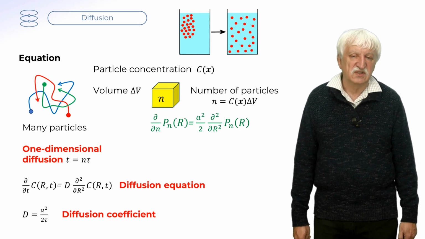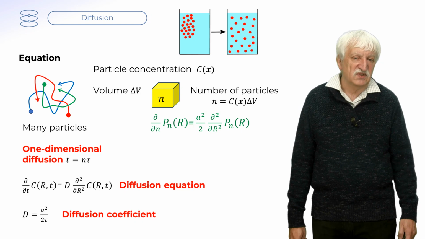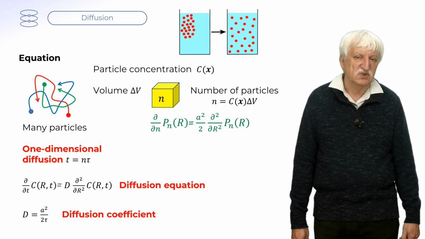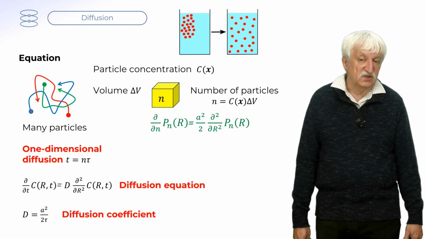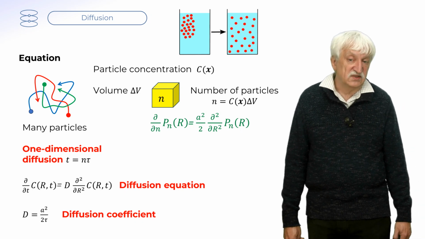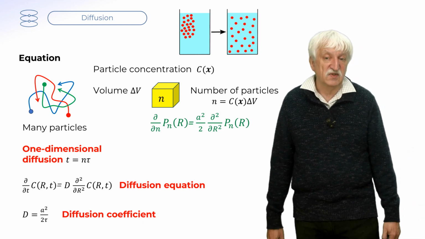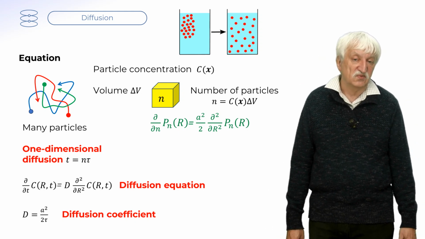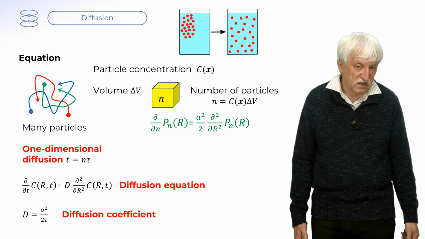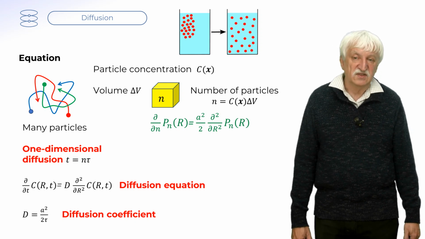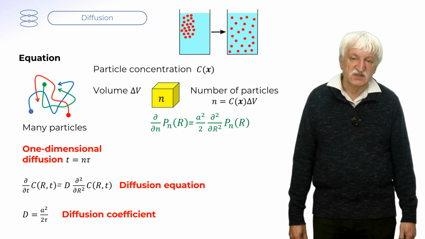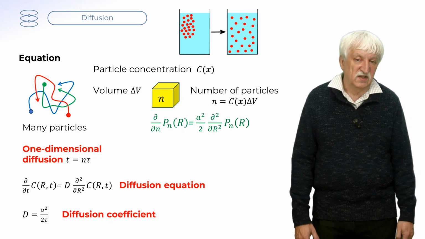In previous slides we derived an equation which describes the probability distribution of a random walk. We can simply generalize this equation by substituting the concentration instead of this probability Pn, since we assume that all these particles do not interact with each other.